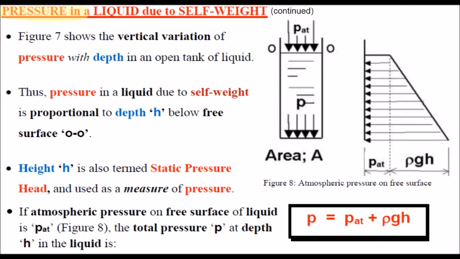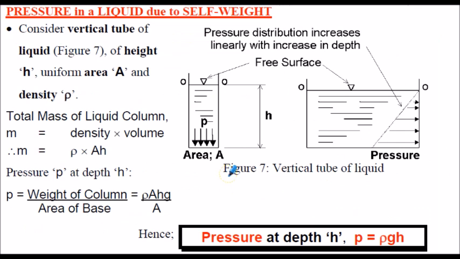Pressure in a liquid due to self-weight, continued. Figure 7 on the previous slide showed the vertical variation of pressure with depth in an open tank of liquid. Again, here's figure 7 for reference, and here's the variation in pressure from the free surface to the bottom of the tank.